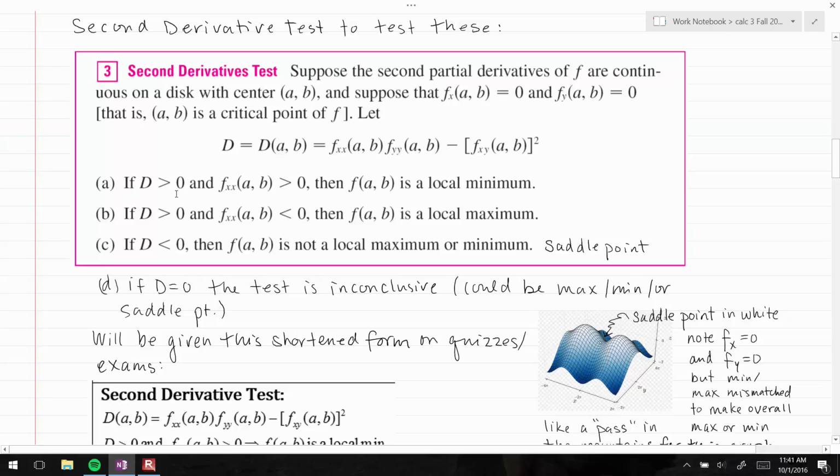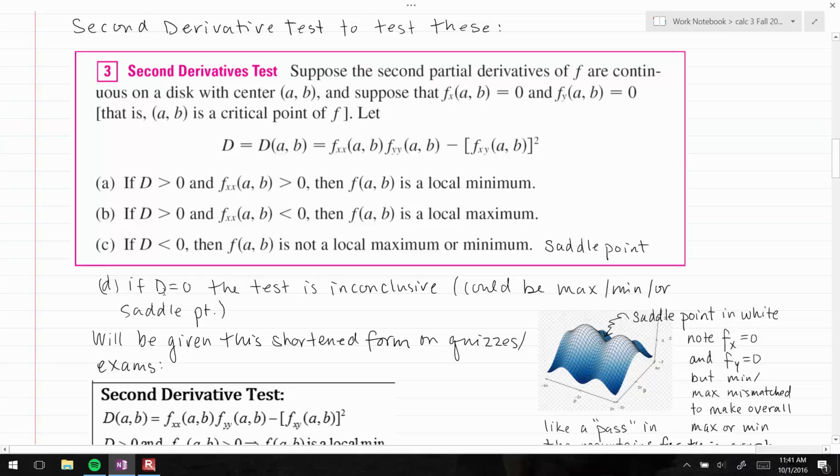Case A: if that D you find is greater than 0, and the partial with respect to x twice is positive, then there's a local minimum there. Similarly, if we have the inequality going the other way and we get a negative for the second partial with respect to x, then there's a local max.